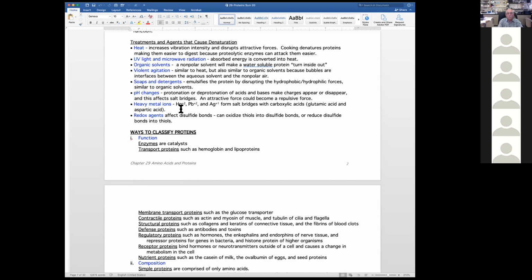The problem with the heavy metals is that, okay, now the protein isn't working well. So you destroy the protein, you cut it all up with proteases and stuff like that. And then what happens to the mercury or the lead? It's still there to go ruin another protein. And finally, redox agents can affect disulfide bonds.